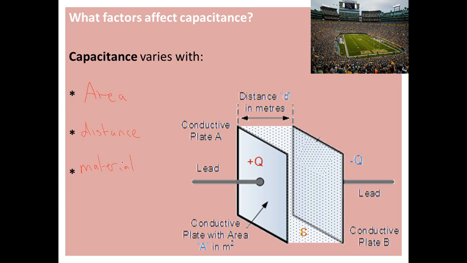Now, we mentioned last time how on a standard capacitor we deal with an air or a vacuum in between the plates, and there is a value for those which relates to a quantity called the relative permittivity of free space. Now, permittivity is a term that means the ability to store electrical potential energy.